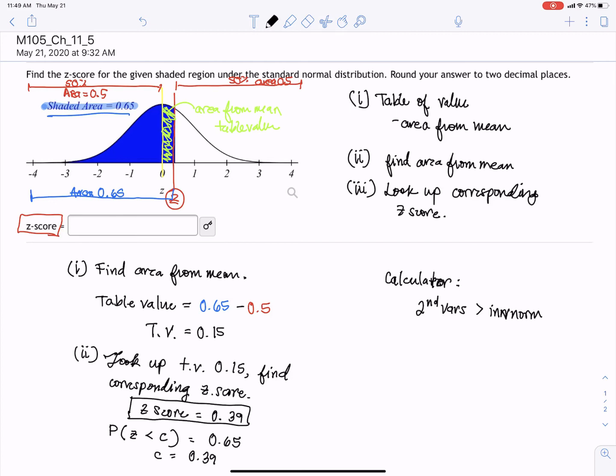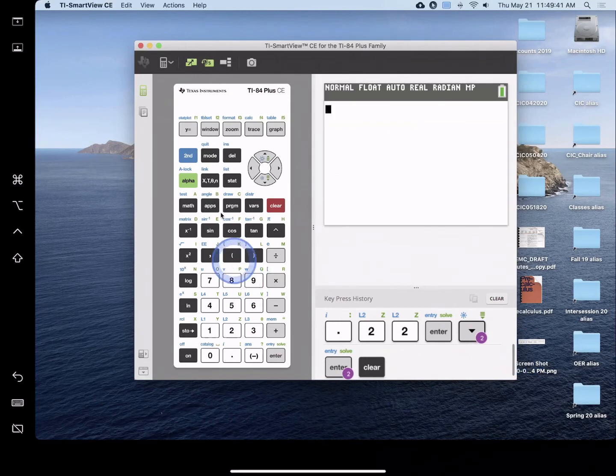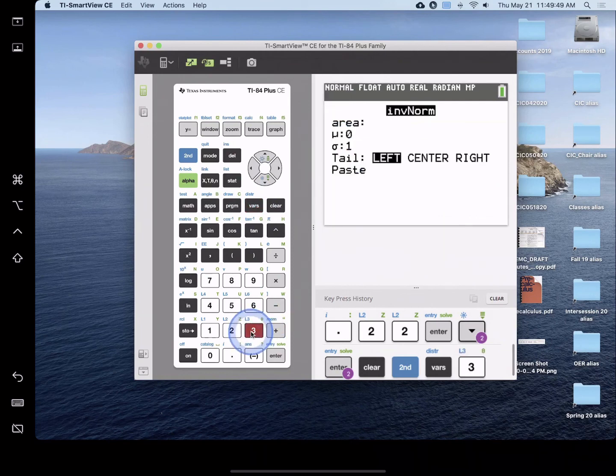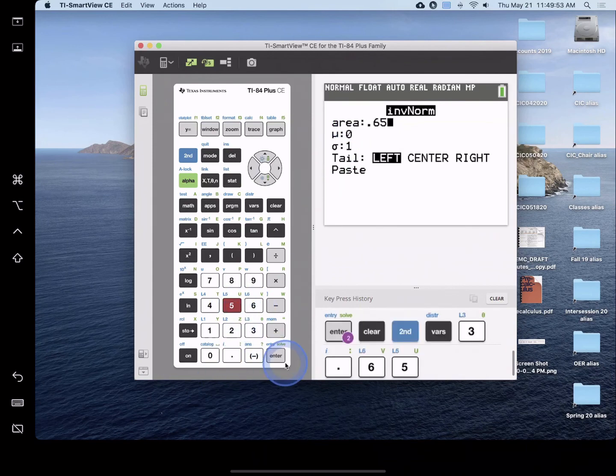So let's take a look at that. I can go to second vars, which gives me the distribution, and go to inv norm. So we'll hit 3. Put in the area that's right on the paper, 0.65, and leave the mean and the standard deviation at 0 and 1.